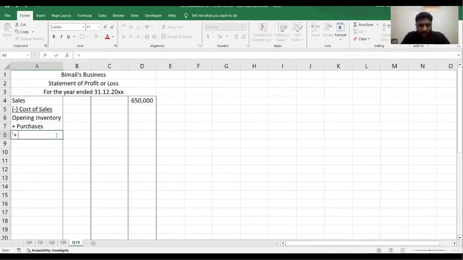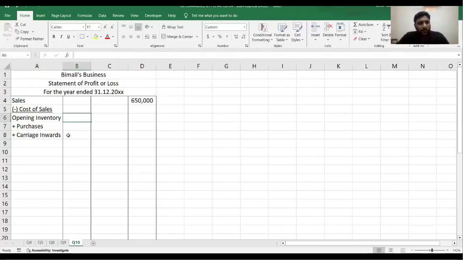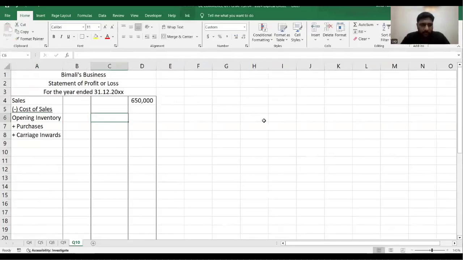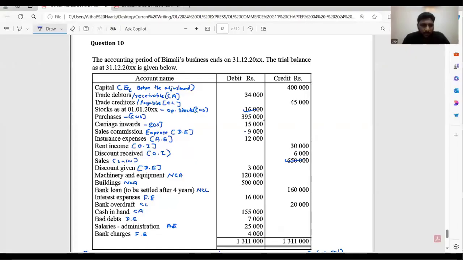And in this question, we had some carriage inwards. So how much is the opening inventory? 16,000. Purchases 395,000. Carriage inwards 15,000.